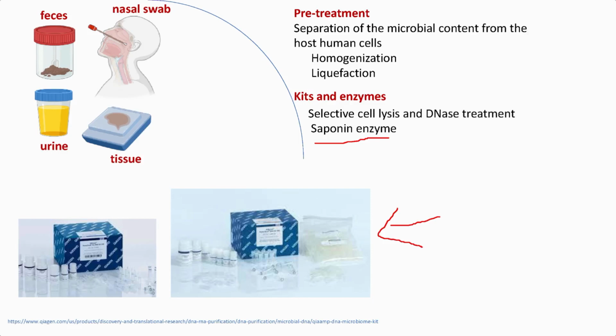Saponin, along with a nuclease such as DNase, can help to deplete the host DNA because the mammalian membranes are easier to break than the bacterial ones, and the circulating free DNA can also be removed. A number of microbiome kits by the Qiagen company are also suited for this particular study. You can check out the various kits on the Qiagen website that are for such studies.